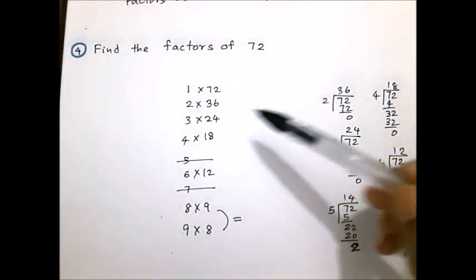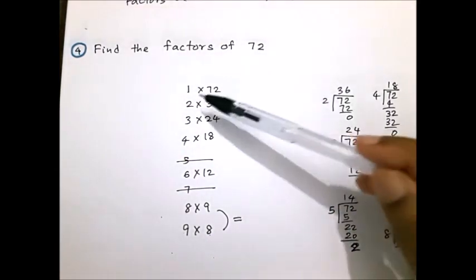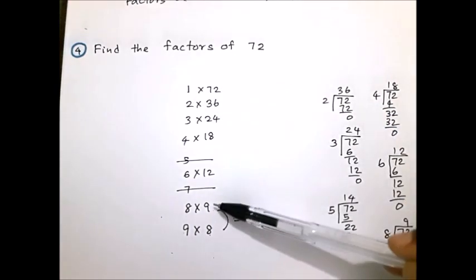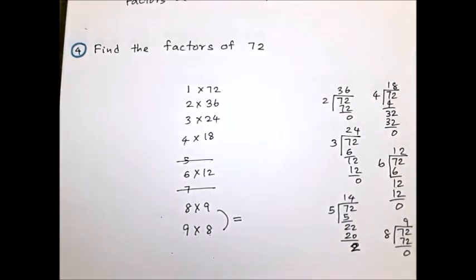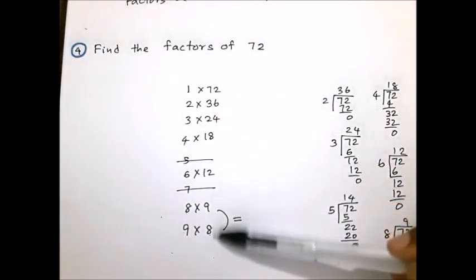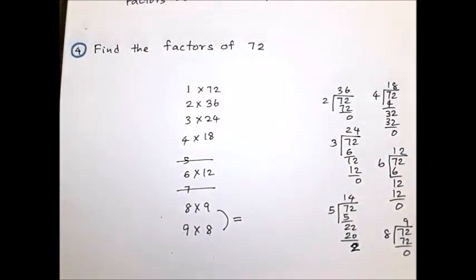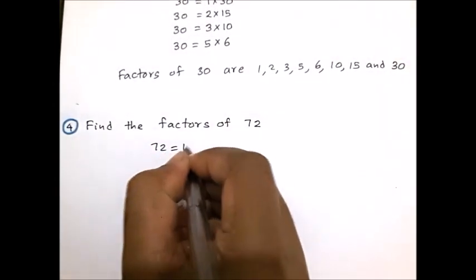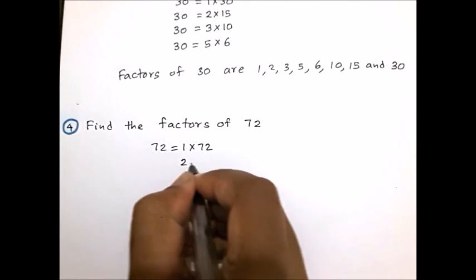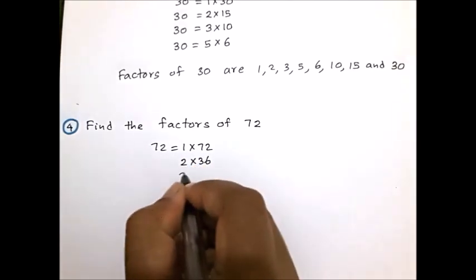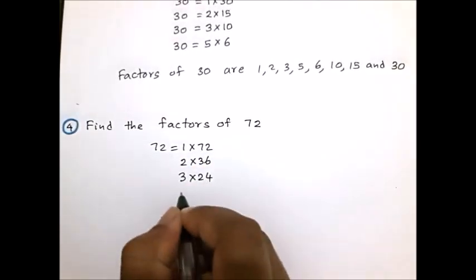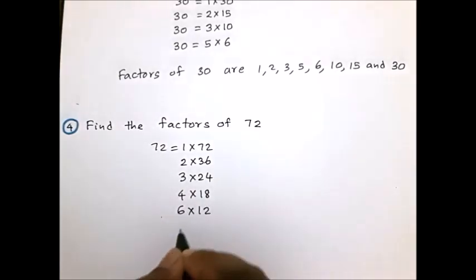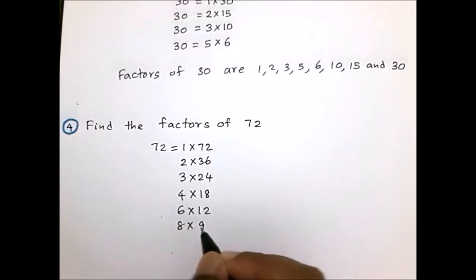Now count how many different ways we can write 72 as a product of two numbers. 1, 2, 3, 4, 5, 6. We can write 72 in 6 ways as a product of two whole numbers: 72 equals 1 times 72, 2 times 36, 3 times 24, 4 times 18, 6 times 12 and 8 times 9.